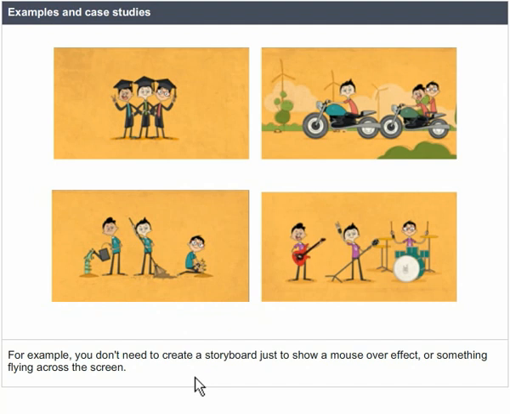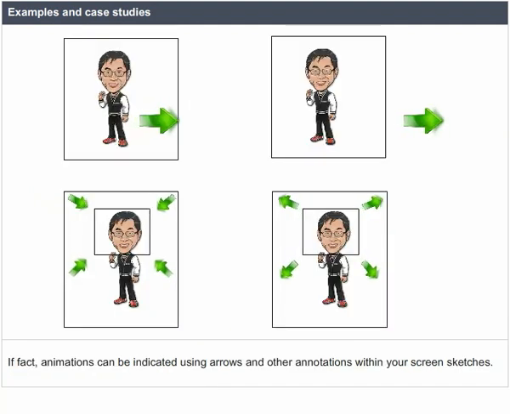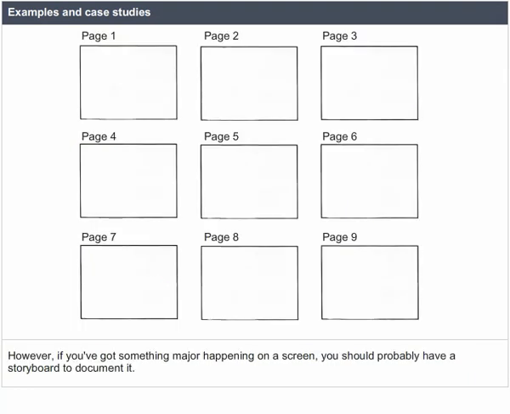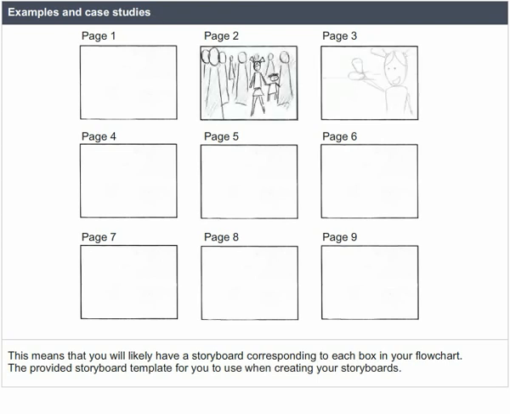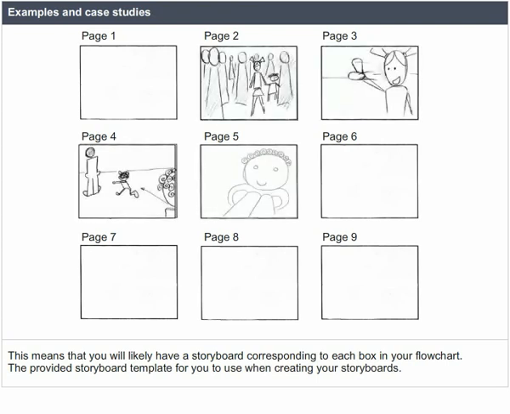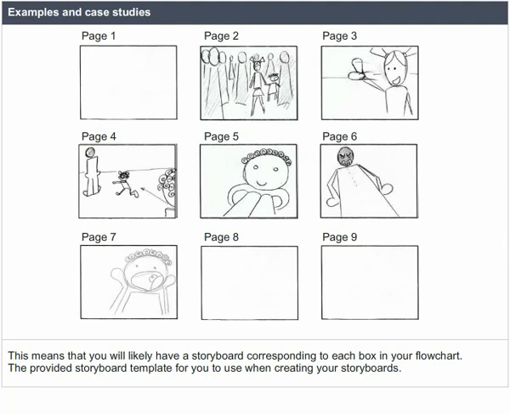In fact, animations can be indicated using arrows and other annotations within your screen sketches. However, if you have something major happening on a screen, you should probably have a storyboard to document it. This means that you will likely have a storyboard corresponding to each box in your flowchart. A storyboard template is provided for you to use when creating your storyboards.